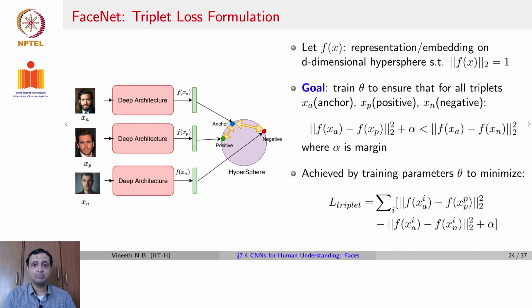This is achieved by using the triplet loss, which is given by ||f(xa) − f(xp)||² − ||f(xa) − f(xn)||² + alpha. It's simple to see that this will now try to ensure that this loss has at least a certain margin of alpha between the distance of the negative sample to the anchor and the positive sample to the anchor.